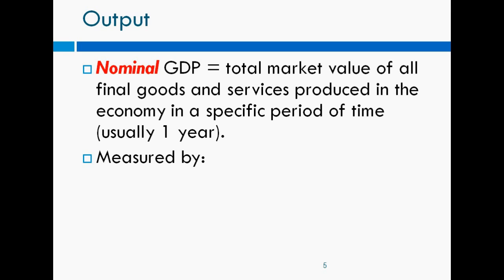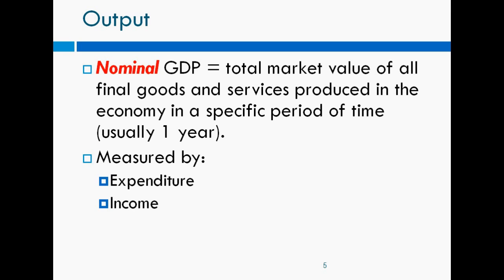How is it measured? Well, we can measure it in two ways. We can measure it either by looking at the total amount of expenditure on the goods and services, that'll give you a certain amount of money spent, or you can measure it in terms of the income generated by the sale of those goods and services. Technically, they should end up being the same amount of money because the income generated by the sale of the final goods and services must have come from the expenditure on those final goods and services.